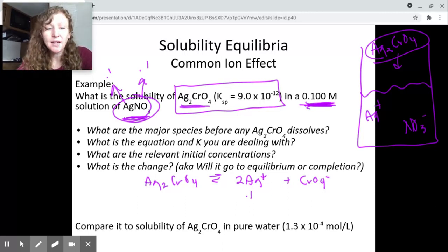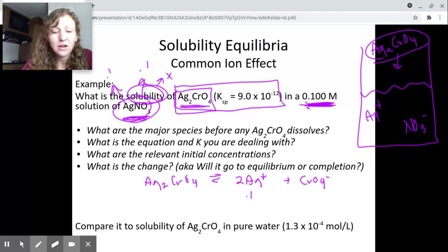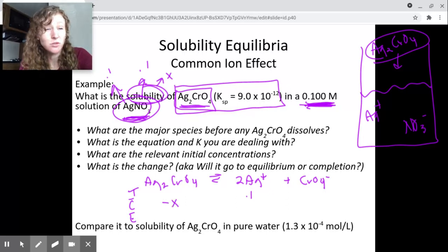Okay, so now I want to know what the solubility of Ag2CrO4 is. So again, I'm looking for solubility, I'm looking for that X. What is that X going to be? Now, I don't know how much of Ag2CrO4 is going to dissolve because that's what I'm looking for.